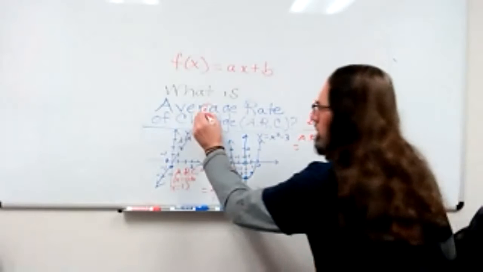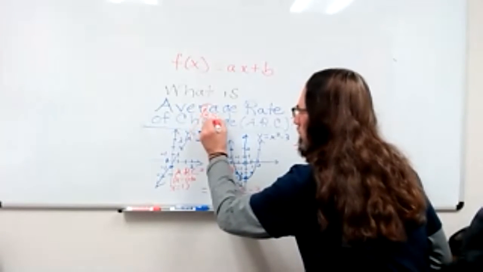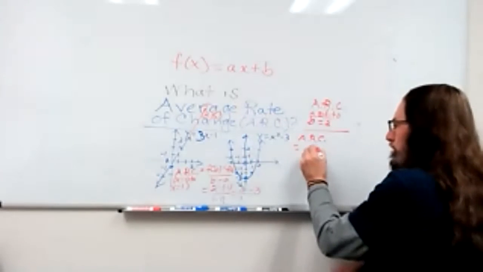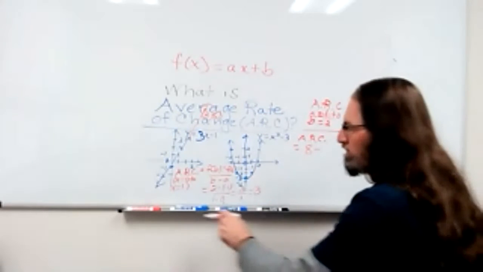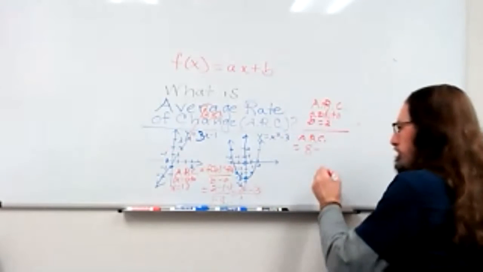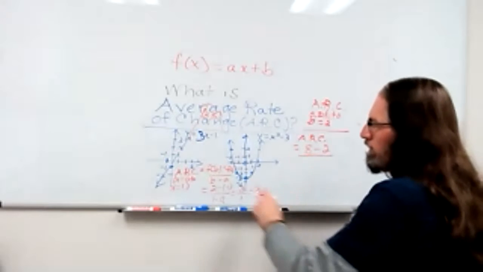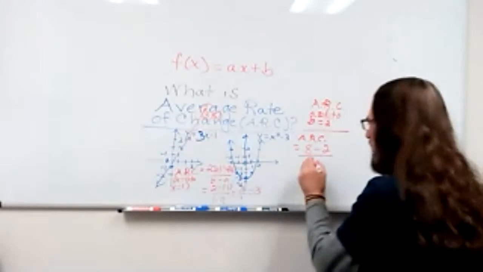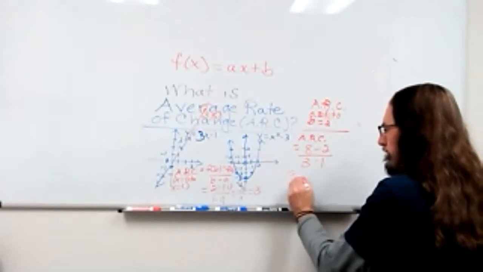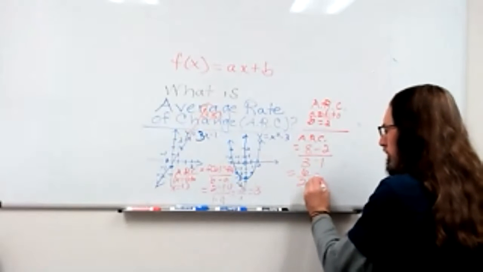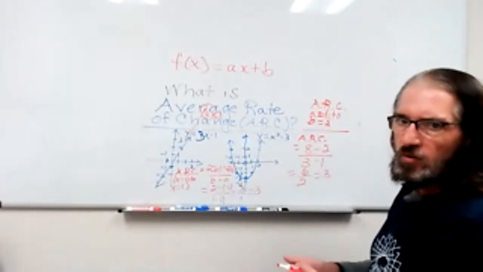We'd have the 8 minus the 2 over the 3 minus the 1. 6 over 2, and that reduces to the same answer of 3.